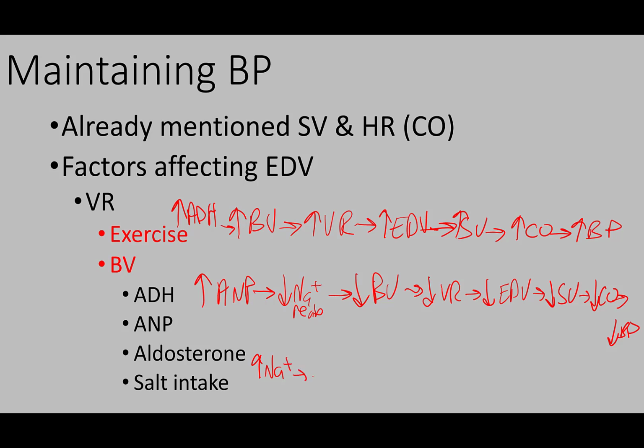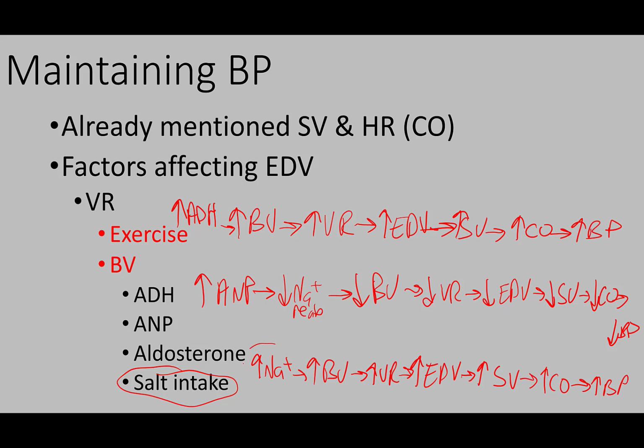And if your sodium levels in your body are up, the water levels in your body are up, which increases your blood volume, increasing venous return, increasing EDV, increasing stroke volume, increasing cardiac output, ultimately increasing blood pressure, which, by the way, is why diets that are high in sodium, high in salt, cause blood pressure problems.